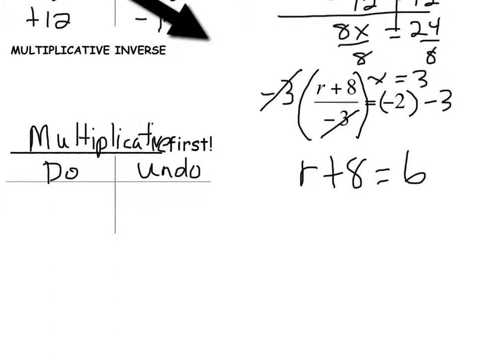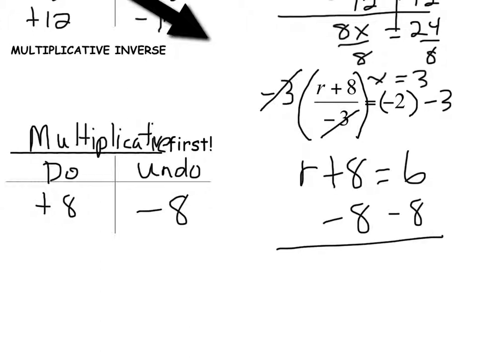And now my do-undo is going to be pretty easy because there's only one thing happening to my variable, and it's adding 8. So to undo that, I subtract 8. So r equals 6 minus 8, which is negative 2.